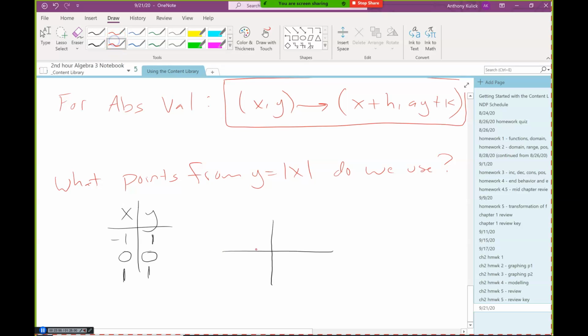So if I were to graph the absolute value of x, we have something that looks like this.